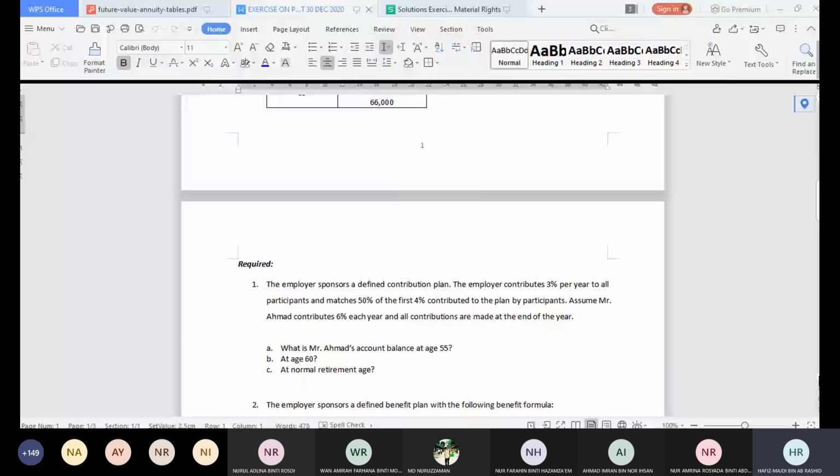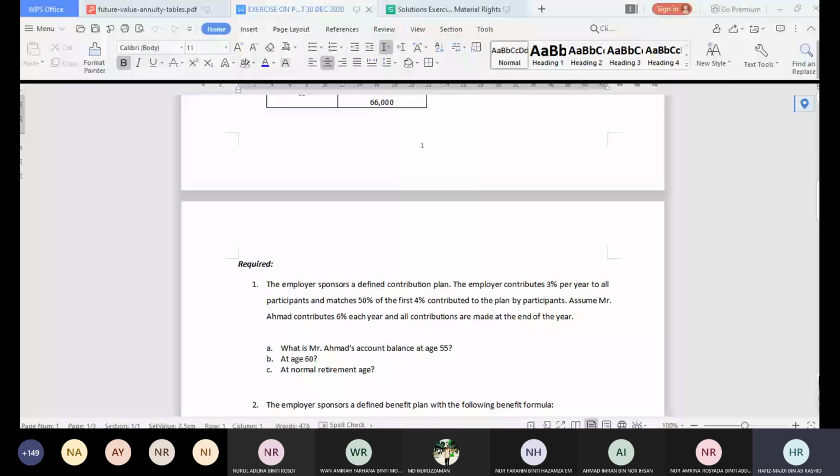However, for Mr. Ahmad, since he contributes 6%, they will match 50% of the 4%. That is an additional 2%. So in total, the employer will pay 5% to Mr. Ahmad. That is, I think, the only issue which might require a bit more thought, because the defined contribution plan is a very straightforward calculation.